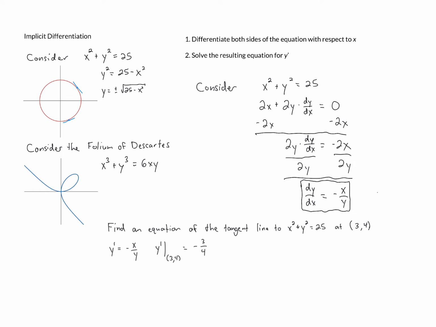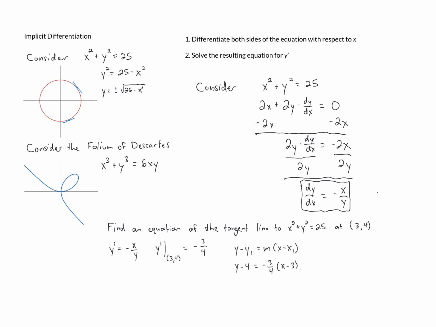So we know the slope is negative 3/4. We also have the coordinates of the point, so we can use point-slope form. y minus y1 equals m times x minus x1. That's going to be y minus 4 equals negative 3/4 times x minus 3.